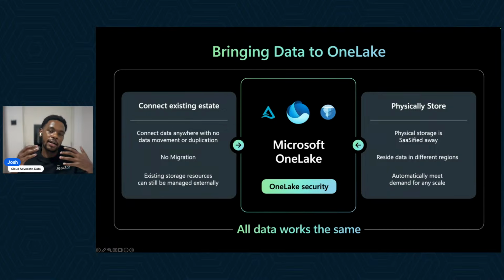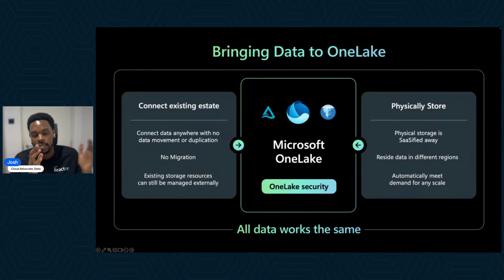So regardless of where your data is, whether you want to connect to an existing data estate, or you want to build your data estate completely from scratch within Microsoft Fabric, all of this works. And it doesn't matter where it's coming from, you still get the same capabilities in terms of governance and security.